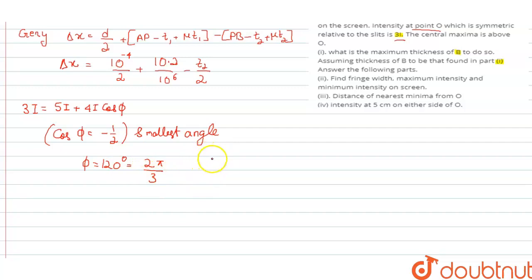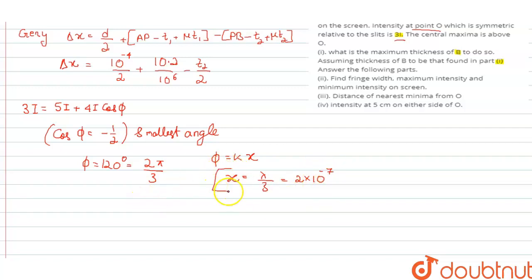Now we can write phi as kx, and when we solve for x, we get the value of x as lambda by 3, which comes out as 2 into 10 to the power minus 7.